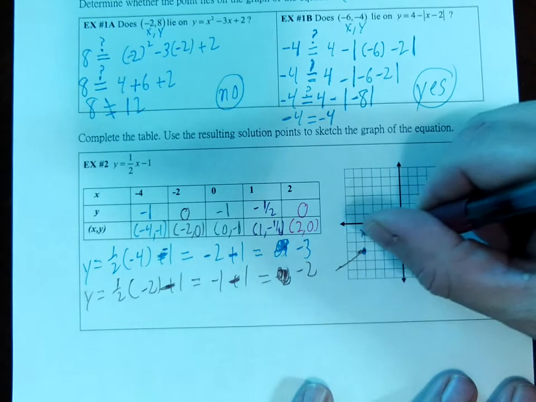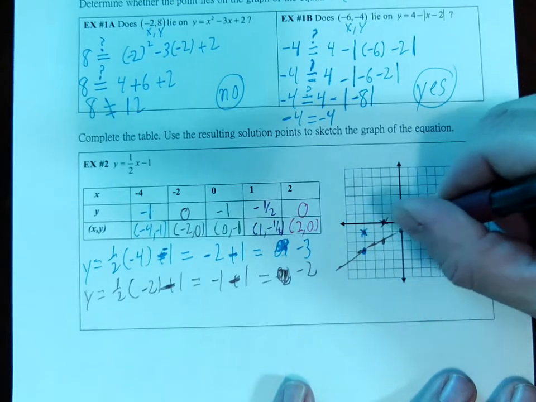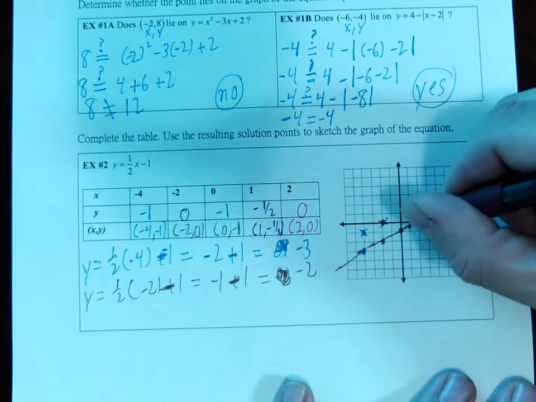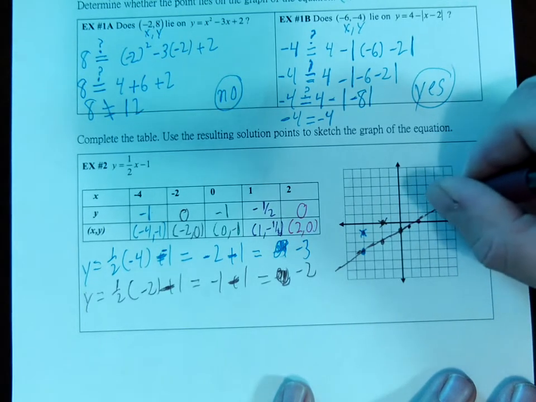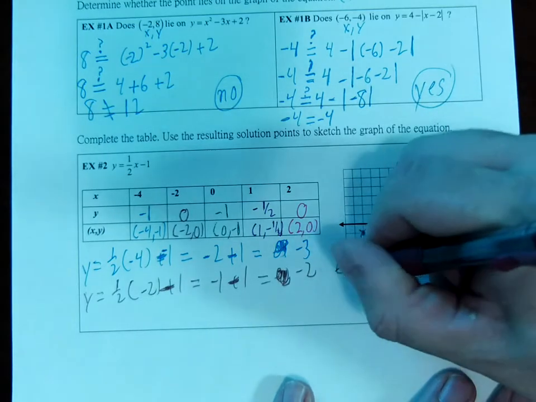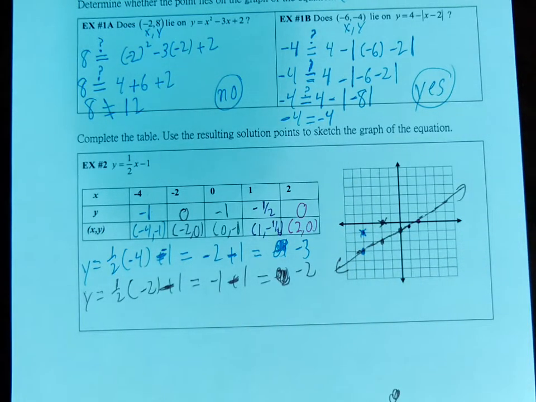And I'm not particular, because we're not testing in person, it's all online tests and quizzes right now. I'm not particular if you would prefer to do this particular type of graph using another method, especially since this is in slope-intercept form for a line. If you prefer to use that, that's perfectly acceptable with me. I have no problem with that.